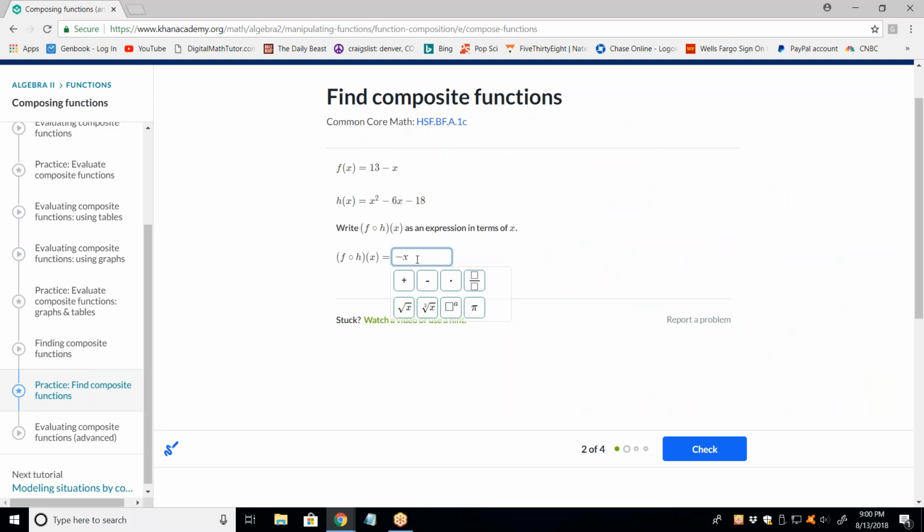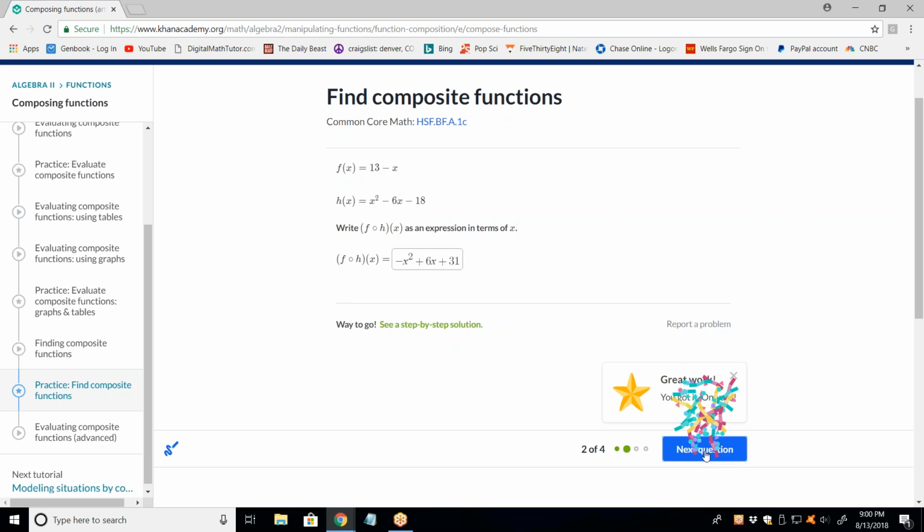Notice there's no parentheses around that x squared. That's important. If it was negative x in parentheses, that'd be x squared. The fact that there's no parentheses means it's minus x squared. So it makes a huge difference.